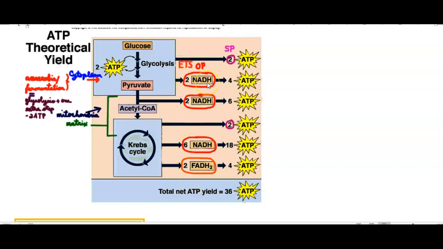These electron carriers are the ones they're going to use in oxidative phosphorylation right here. So all these other ones that have these electron carriers are going to be made through oxidative phosphorylation. So you're going to have a total of 2 plus 2 is 4 ATPs through substrate phosphorylation. And the transition step doesn't make any. You get a total of 36.